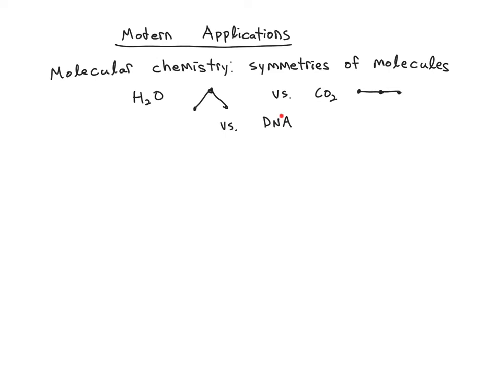The DNA one's actually kind of interesting because historically the way they actually figured out the shape of DNA was by looking at the data set and looking for symmetries. And by looking at the symmetries, they discovered the rotational symmetry that allowed them to realize that it must be a double helix instead of a straight ladder. So I can't draw the double helix because I'm not that smart.